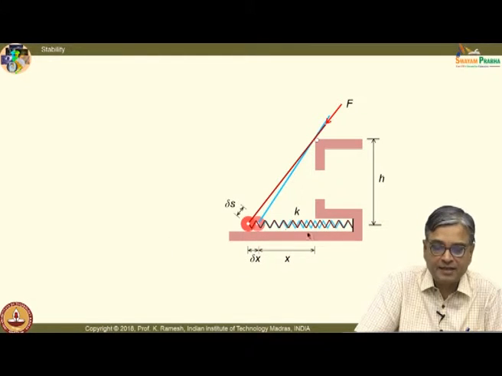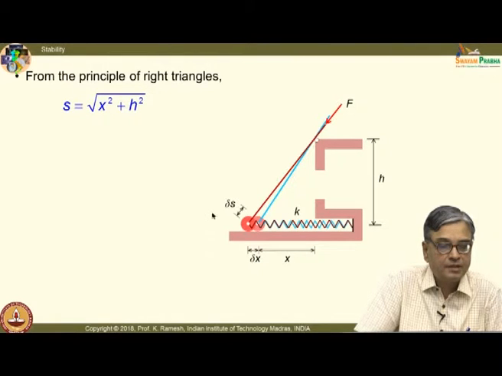I would replace the spring by its energy, and even before I do that, I get the relationship for the length s. It is not labeled here, but what I mean as s is the length from this corner to the roller. It comes straight from your geometry as root of x square plus h square.